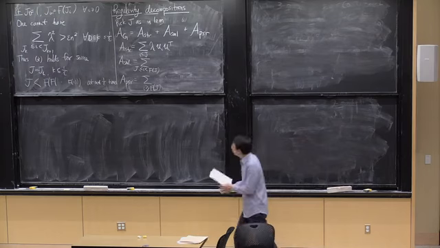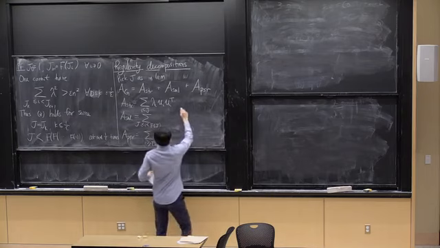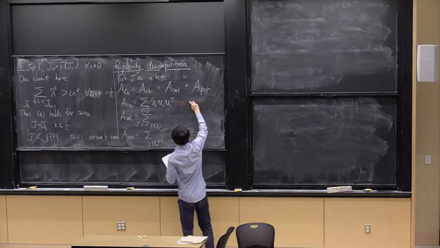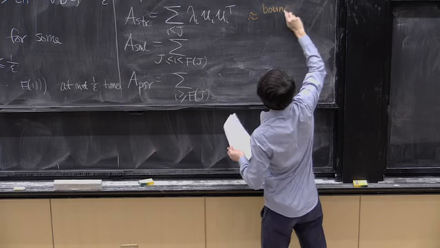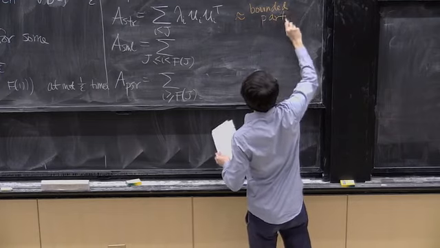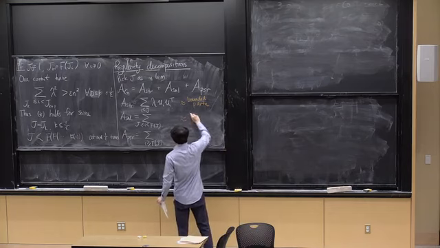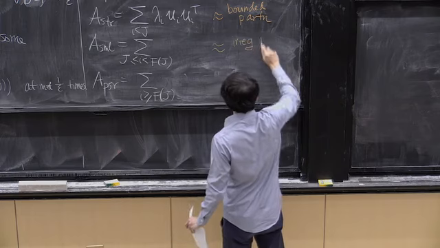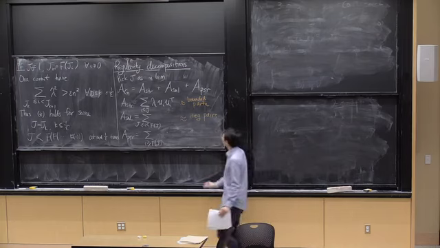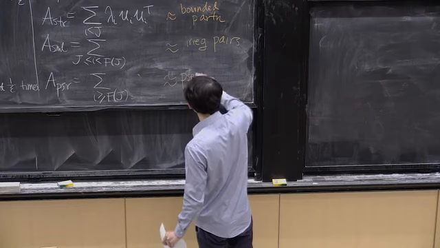I want to show you that this structured piece roughly corresponds to the bounded partition. And the small piece roughly corresponds to the small fraction of irregular pairs. And the pseudo-random piece roughly corresponds to the idea of pseudo-randomness between pairs.